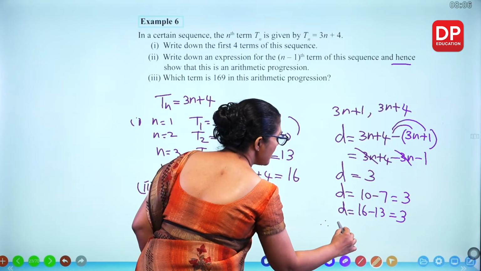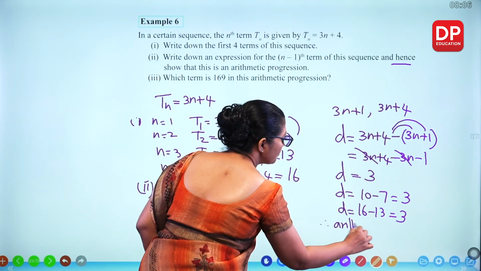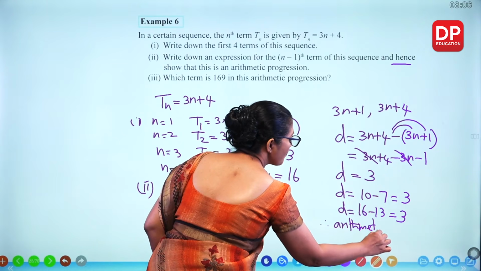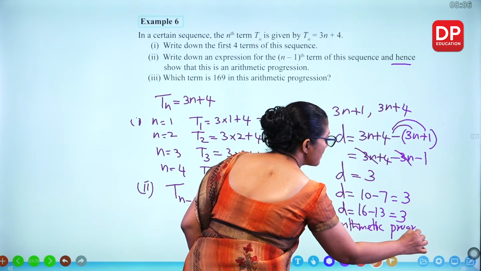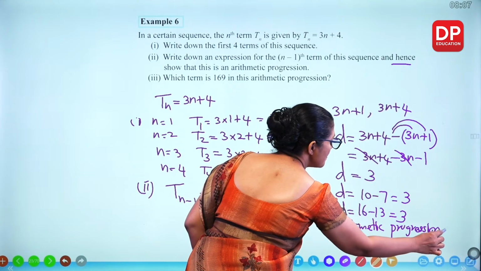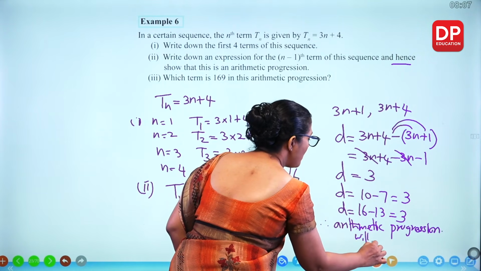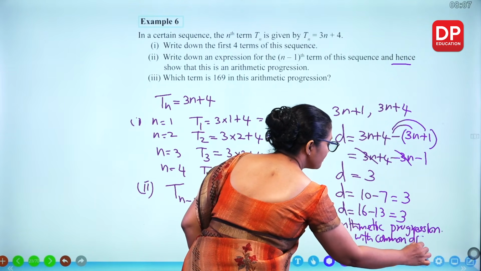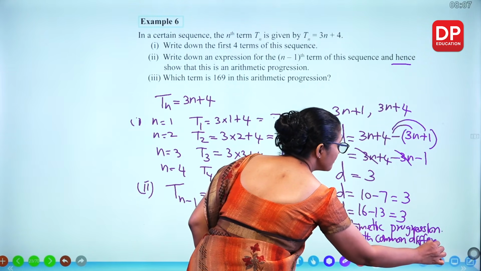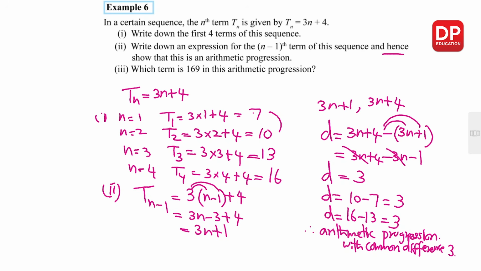Therefore it's an arithmetic progression with common difference 3.